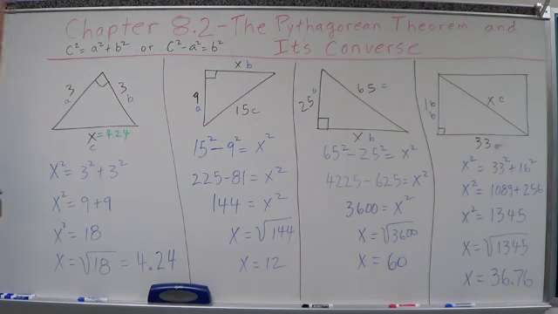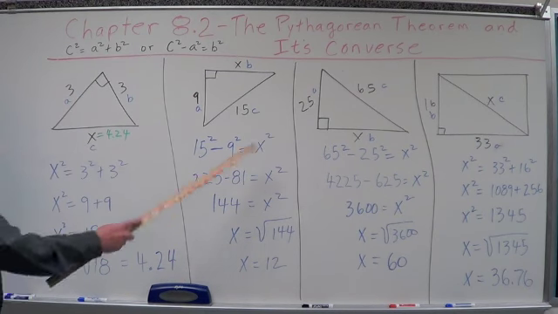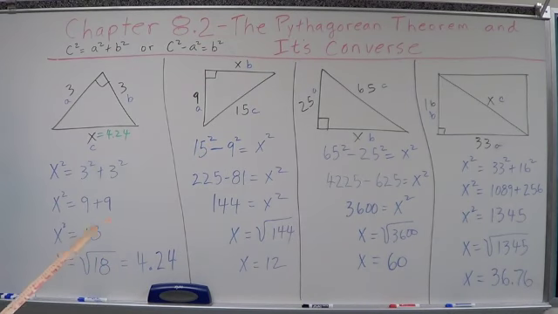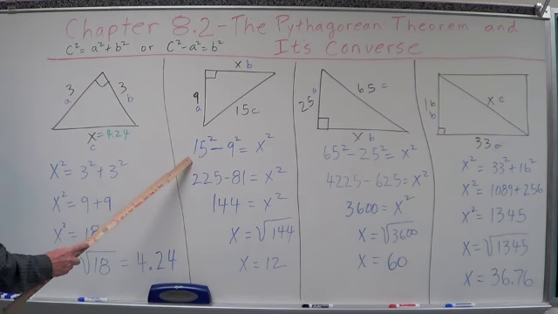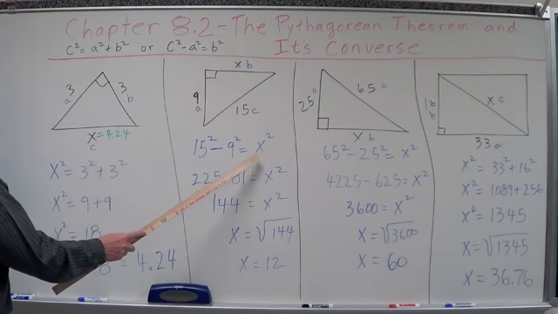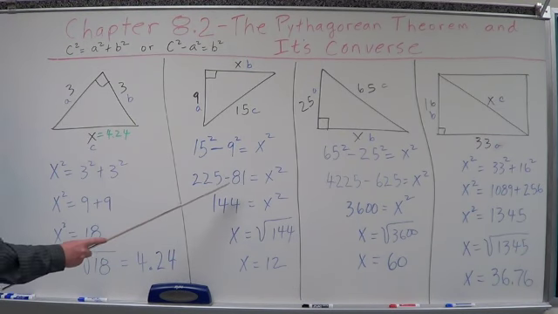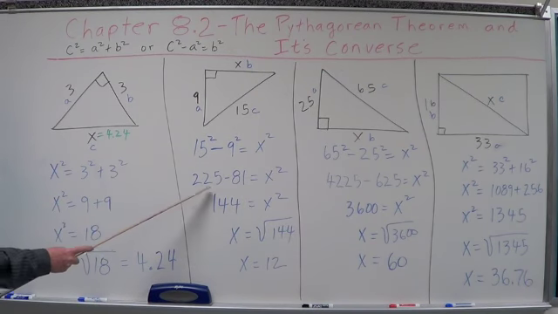Pretty simple. Next one is a little different. Here we have a right triangle. The hypotenuse is given to us over here. A is given to us. We're supposed to find B, which is labeled x. So let's use this equation and replace it. What's C? It's 15. So 15 squared minus A, which is 9, 9 squared, equals B, which is x squared. 15 squared is 225, minus 9 squared is 81, equals x squared. 225 minus 81 is 144 equals x squared.